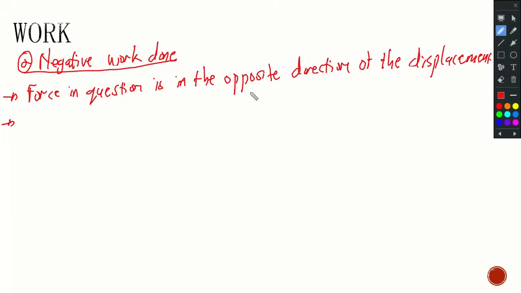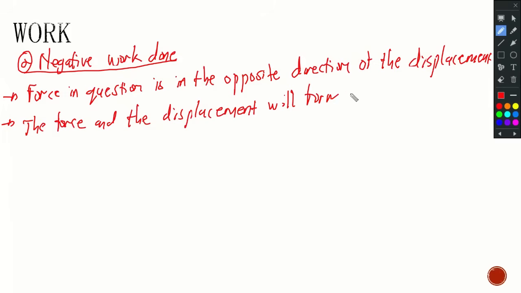Now we say the force and the displacement will form an angle of 180 degrees.